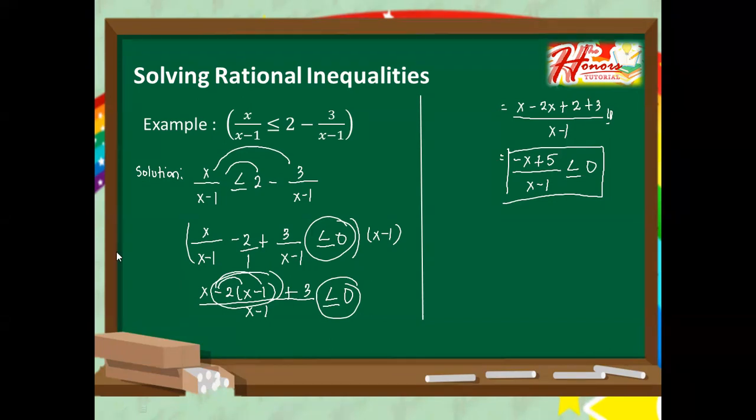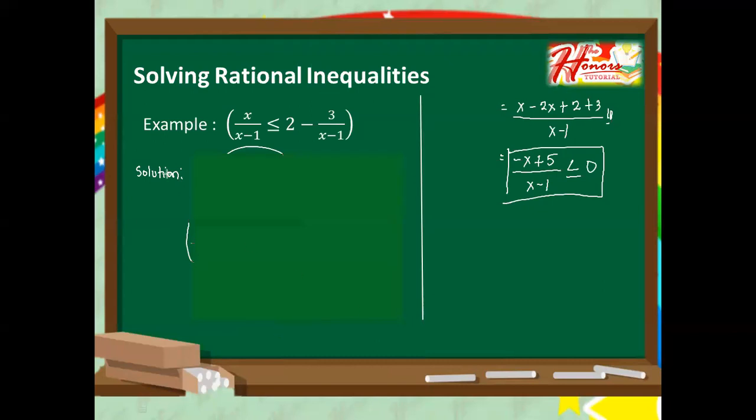I will just erase the left side of our solution so that we may continue solving for the given. Let's solve for the critical values here. Of course, we will be having the numerator and the denominator separately. So we have here negative x plus 5, and for the denominator, that is x minus 1. Both of them should be equated to 0.